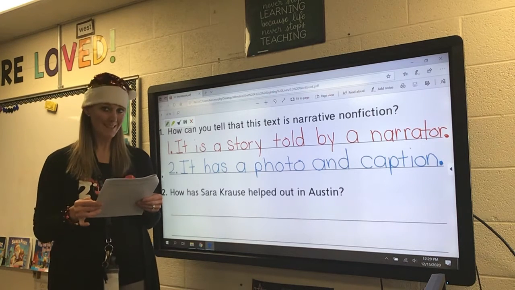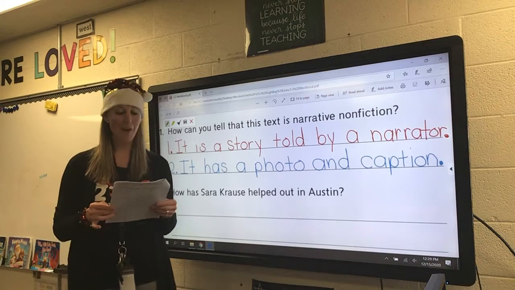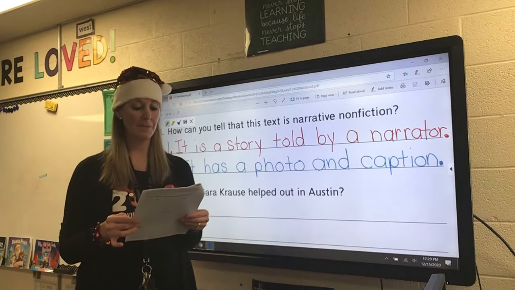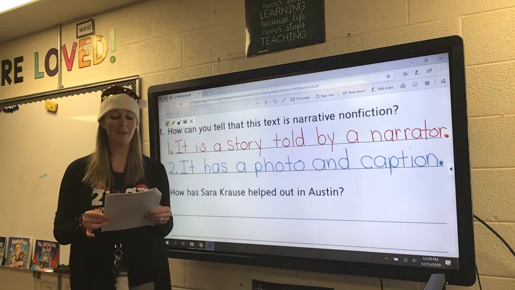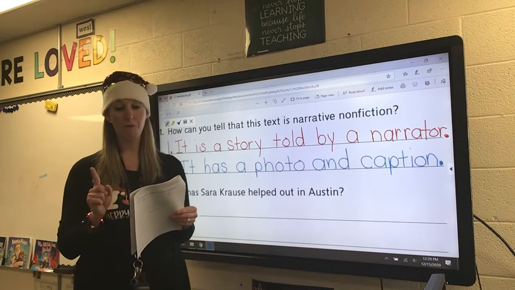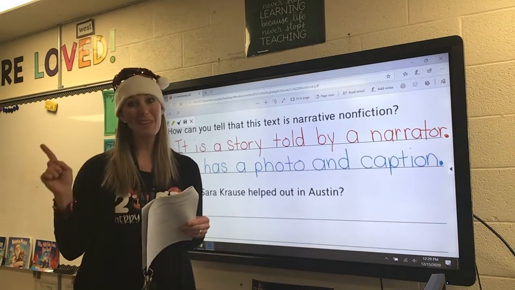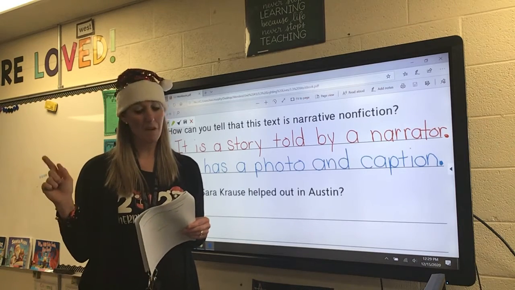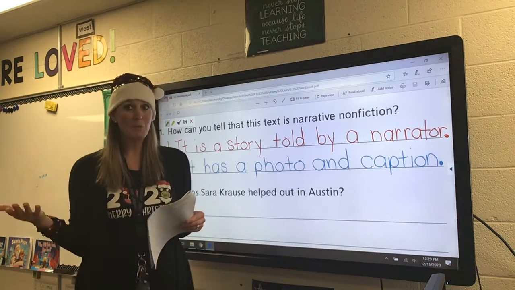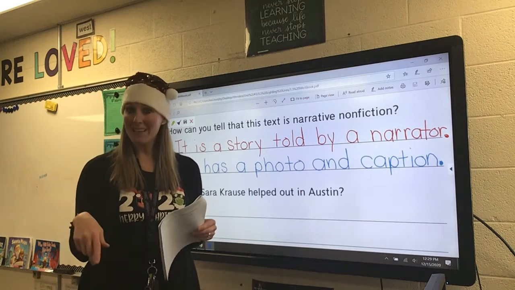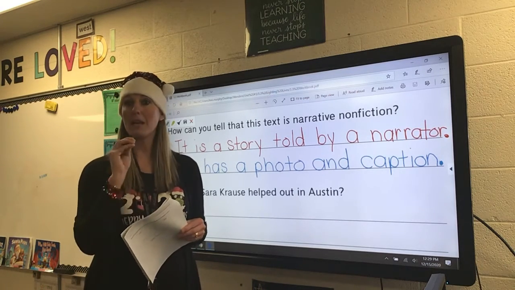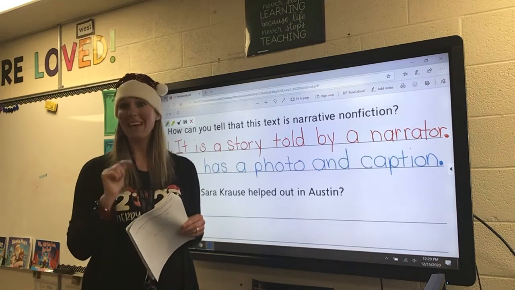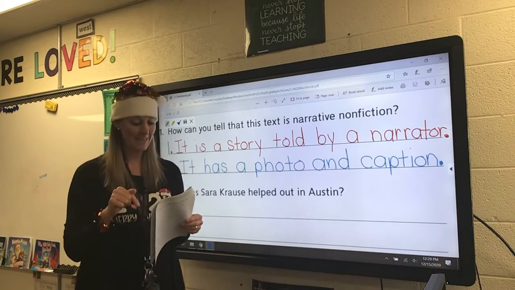And if you look at the last sentence, it says, now Sarah and many other people have helped make Austin a friendly city for bikes. And that's where we get the title of the story, a bike-friendly city. So that's what she has done. And a lot of times we can find out the main idea or the theme of the story by looking at the first sentence or last sentence. And in this case, it is the last sentence.